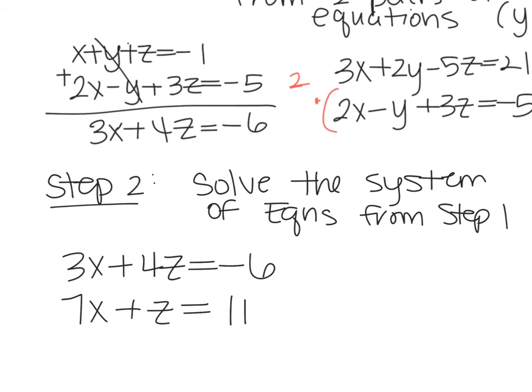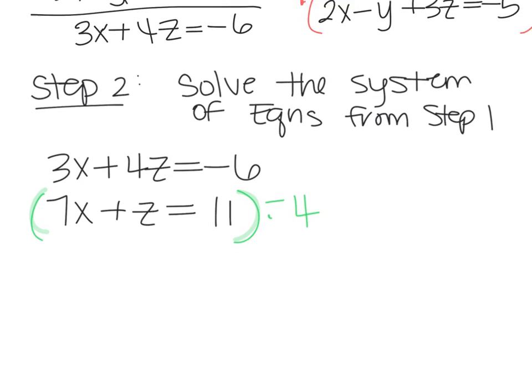So if I decide which variable I want to eliminate using elimination, it's going to be variable z, because it's easy to multiply that second equation by -4 in order for the z's to eliminate.